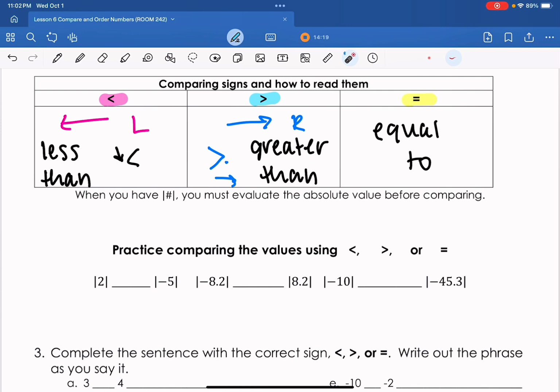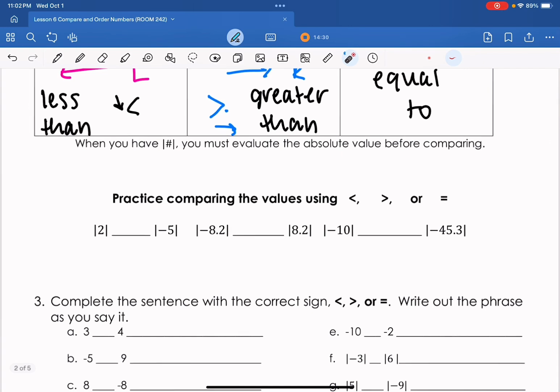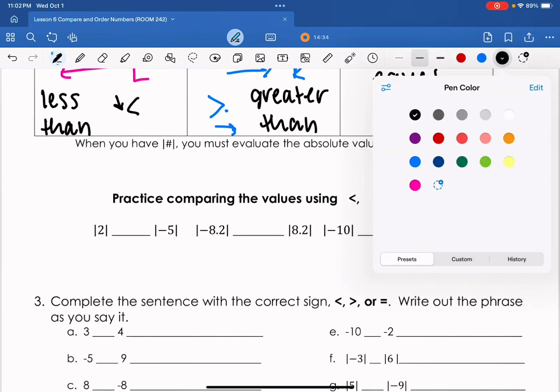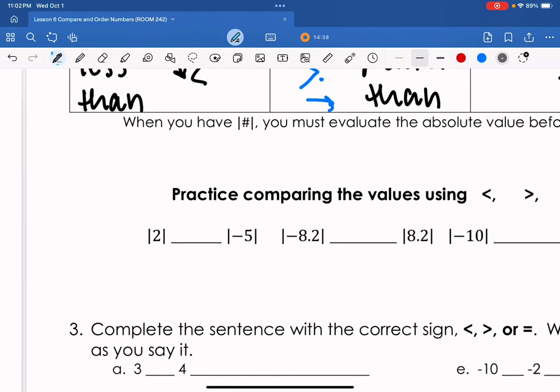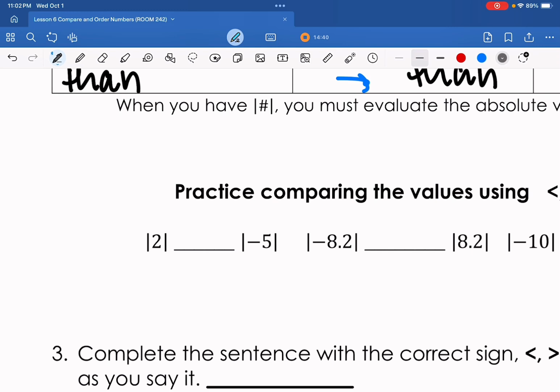So we're going to practice comparing the numbers with absolute values. Let's make a little checklist. The first step is we are going to have to solve the absolute value first. Then we can compare.